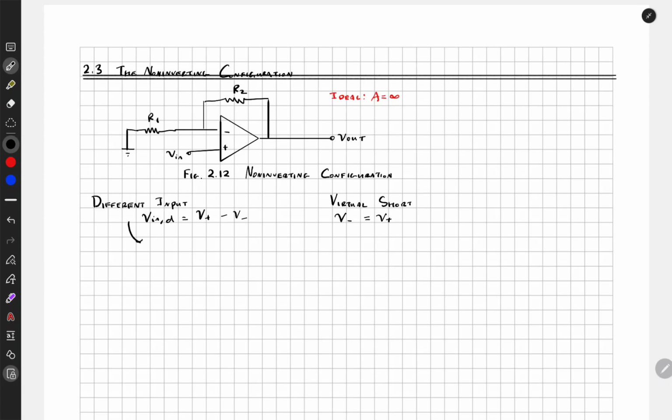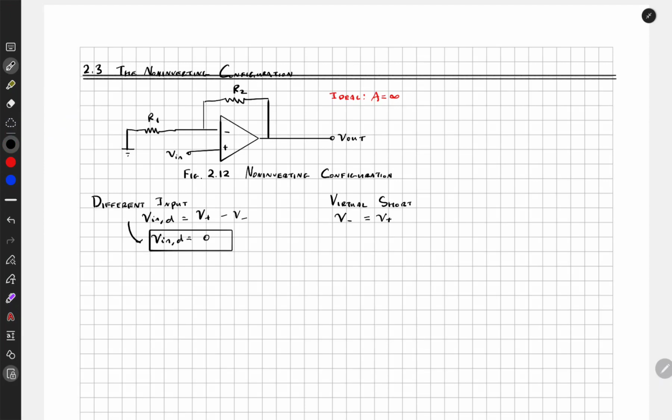In which case, the differential input would say that V in D is equal to 0, because the infinite open loop gain ensures that this relationship holds. If that relationship holds, you just plug in and the result is that the V in difference signal is 0. This is assuming it's an ideal op-amp, so that we can say V plus is equal to V minus. So V plus, this voltage here, is equal to V minus.